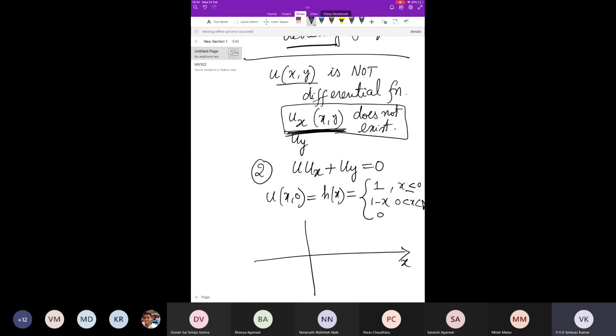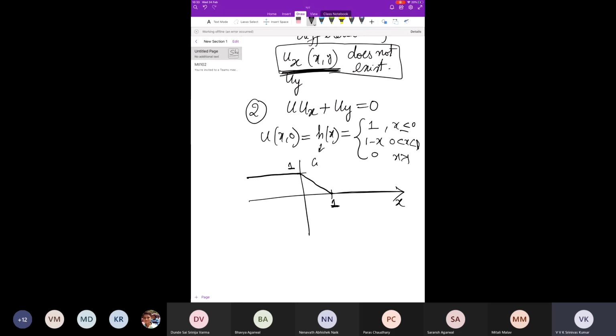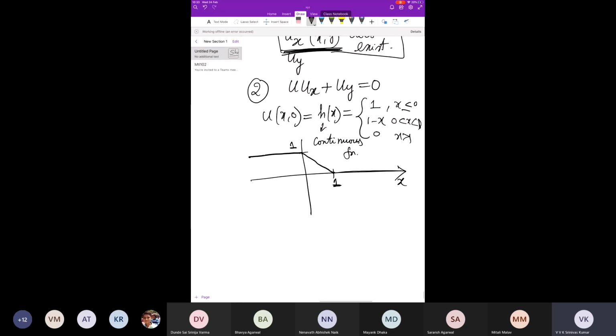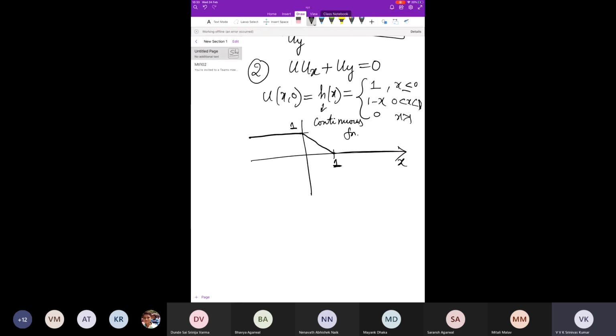And the initial profile is a continuous function. The continuous function case we have solved. So here we are asked to do it with general u naught. Instead of this one, we are asked to put some positive quantity u naught.